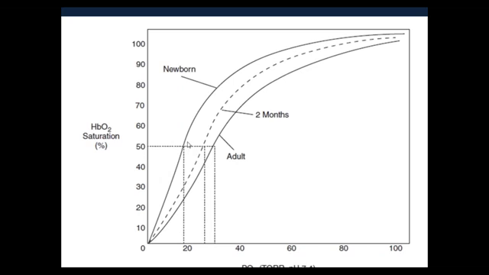The curve is more shifted to the left in the newborn, and gradually shifts to the right due to the gradual change of fetal hemoglobin to adult hemoglobin. So the presence of a high percentage of fetal hemoglobin will shift the curve slightly to the left. Is this beneficial to the newborn or not? Let us discuss this in more detail.